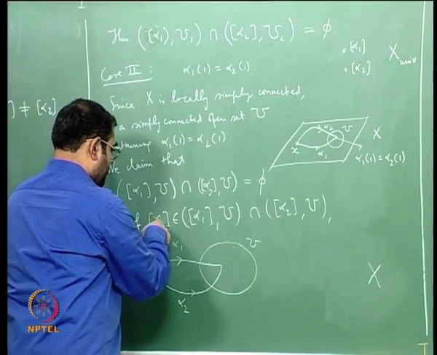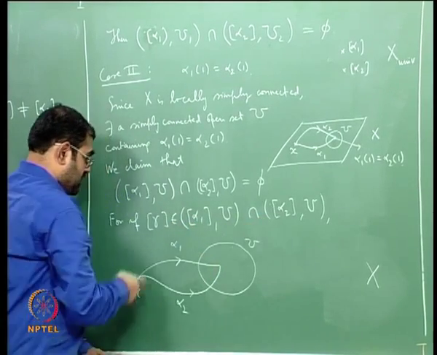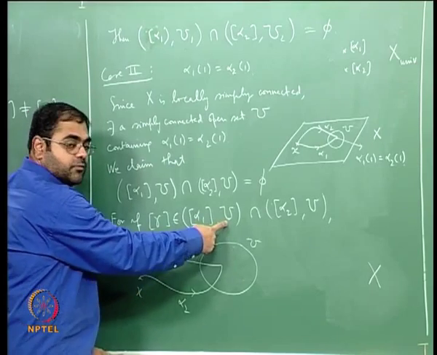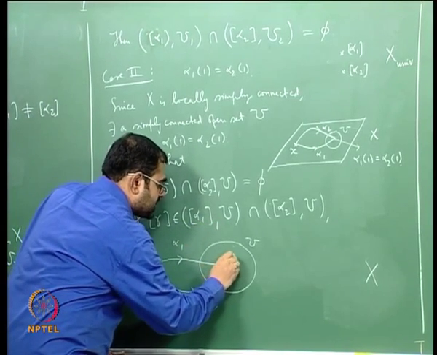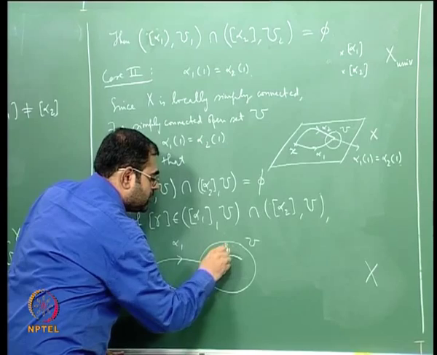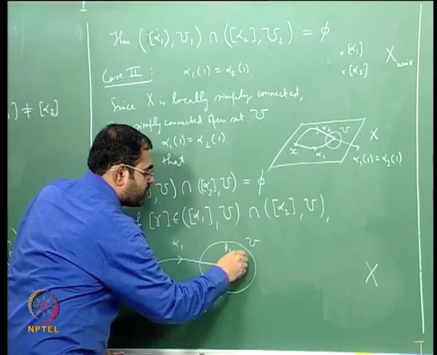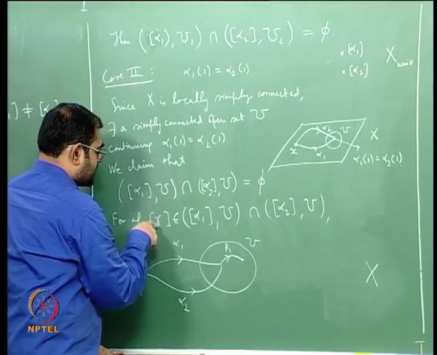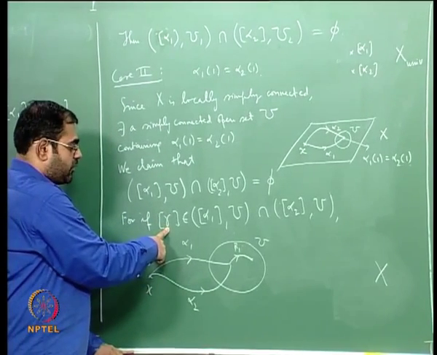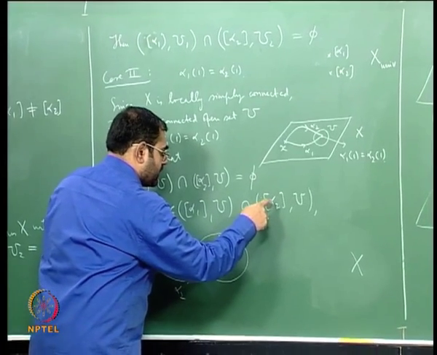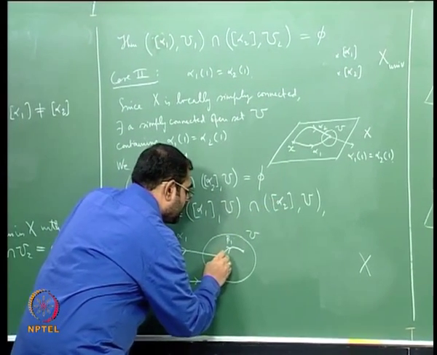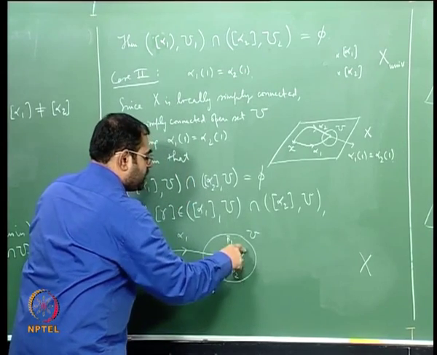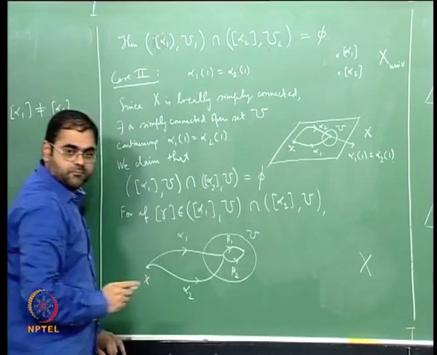I have assumed that gamma is both in this as well as that. So that means gamma is alpha 1 followed by a path beta 1 in U, okay. So there is a path beta 1 in U starting at this endpoint and going to some point, and alpha 1 followed by beta 1 is gamma up to homotopy, and then similarly the same thing happens here. So there is another path beta 2, alpha 2 followed by beta 2 is also gamma up to homotopy, alright.